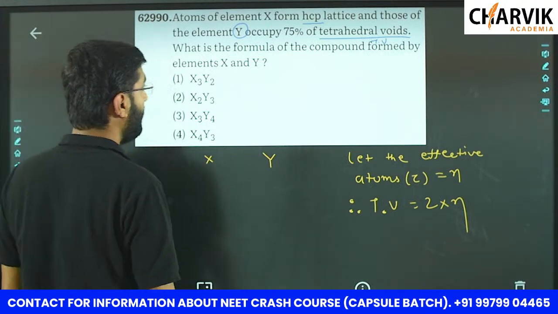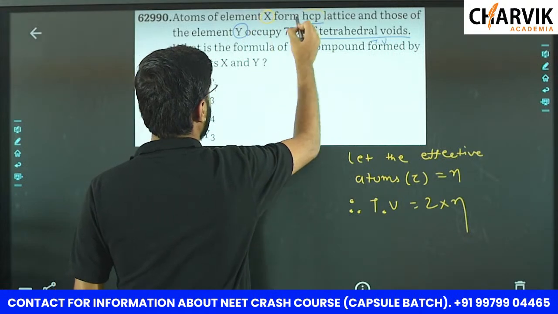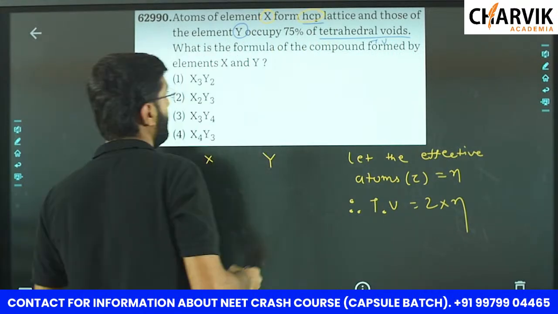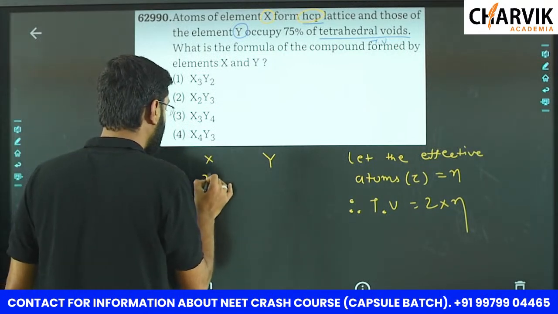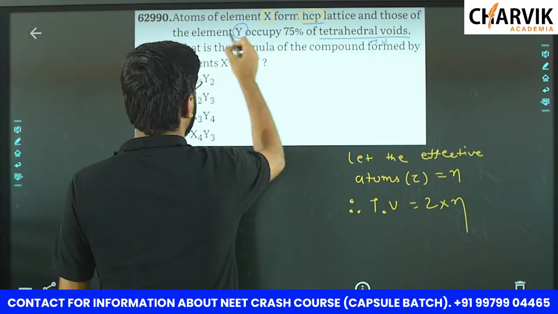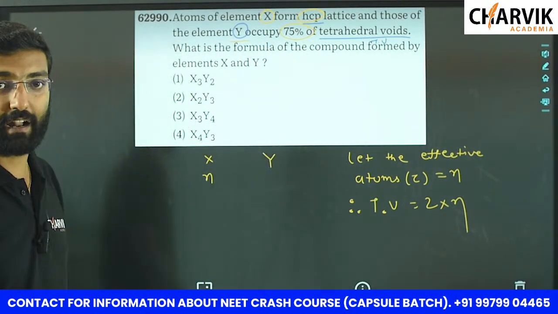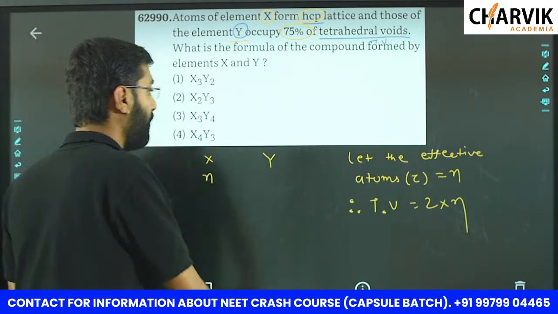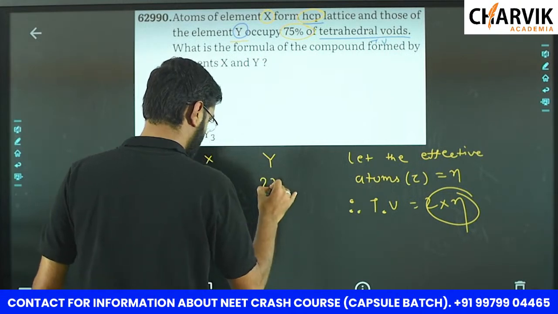Okay. And according to your question, element X forms HCP, right? So value of X is n and Y occupies 75% of tetrahedral voids. Now tell me friends, how many tetrahedral voids do you have? 2n.